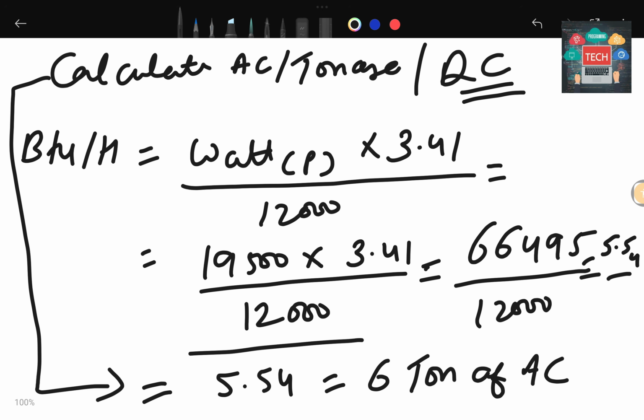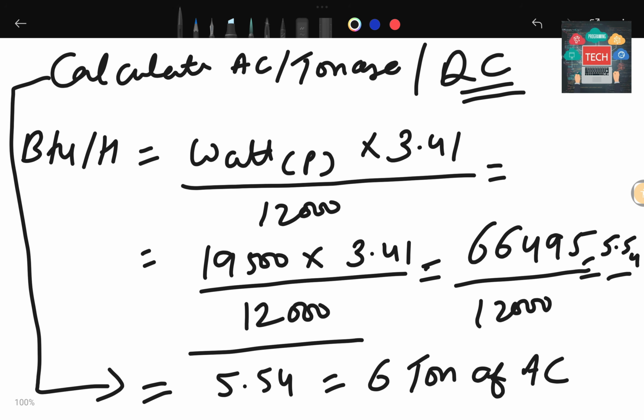How much BTU that network and data center infrastructure will produce matters. BTU is the measurement of heat, meaning how much heat those electrical equipment will produce. So we have to calculate each server rack, storage, and network.